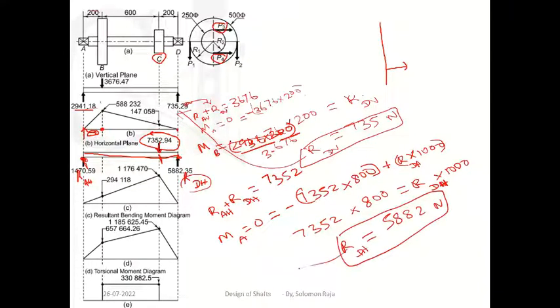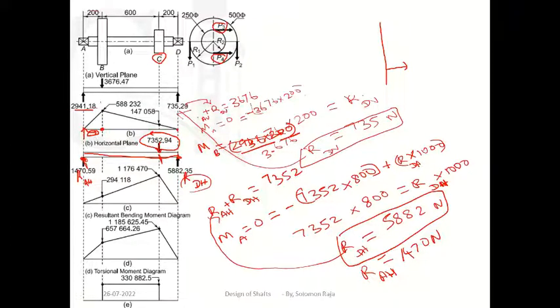Now substitute this value here and you will get RAH value as 1470 Newton. Okay. So now you got RAH, RDH value.